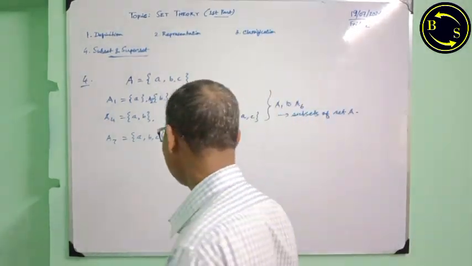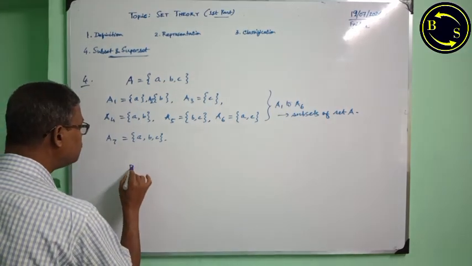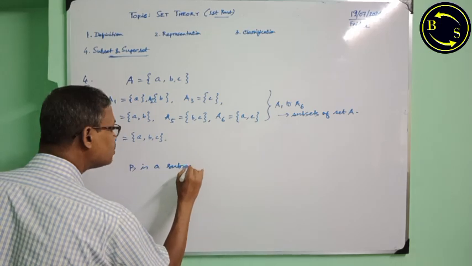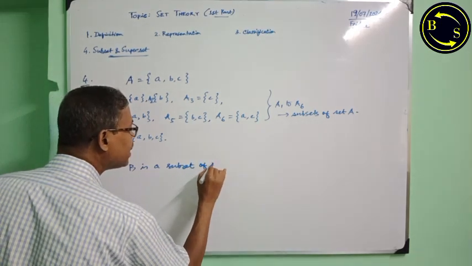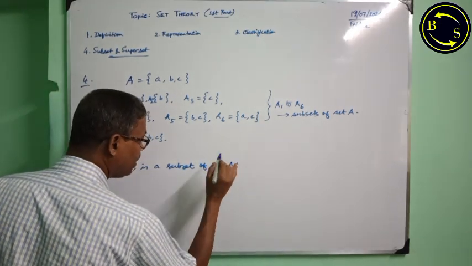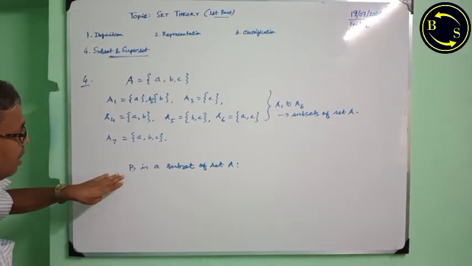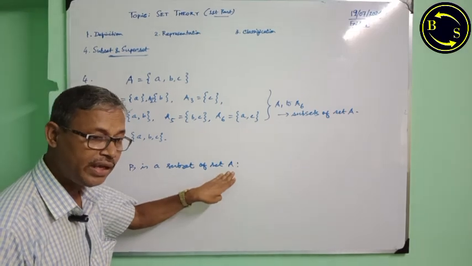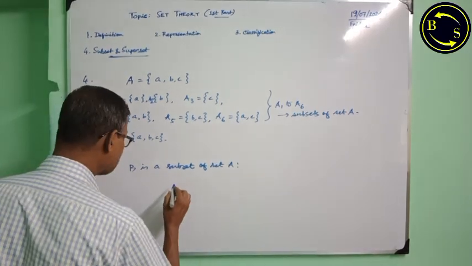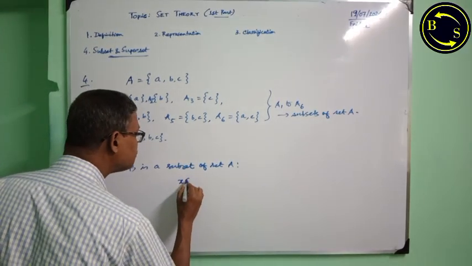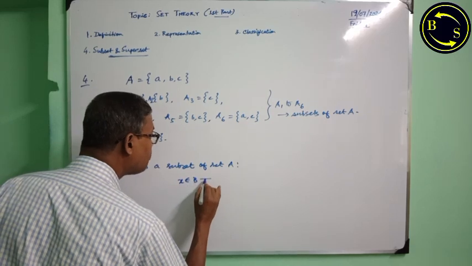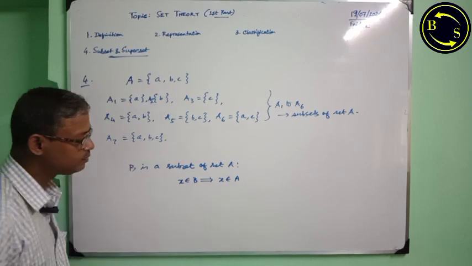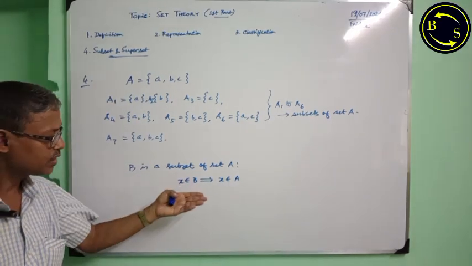A set B is a subset of set A if members of set B are also members of set A. We express that by writing X belongs to B implies X belongs to A. These are set notations.